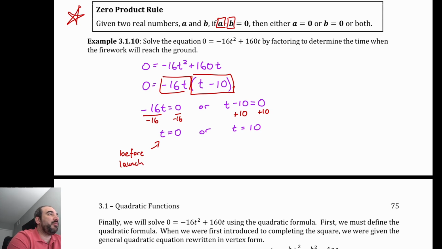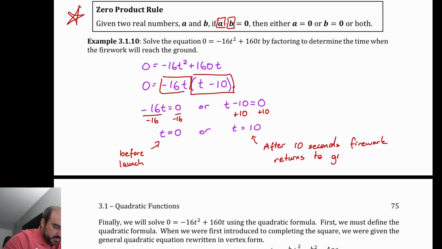At time equals 0, before the firework is launched, the firework should be on the ground. That makes sense. And then this time equals 10 is telling me that after 10 seconds, the firework returns to the ground. Right, because we got t equals 10.